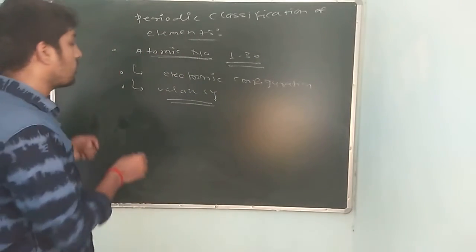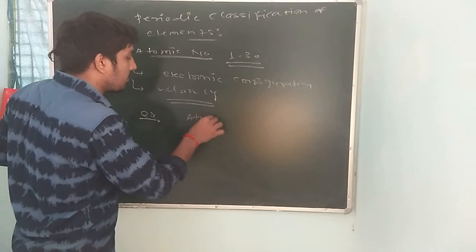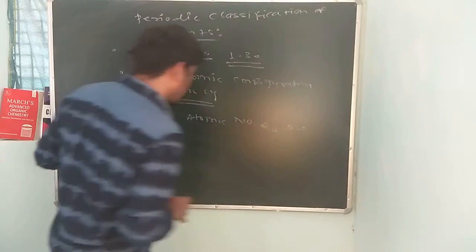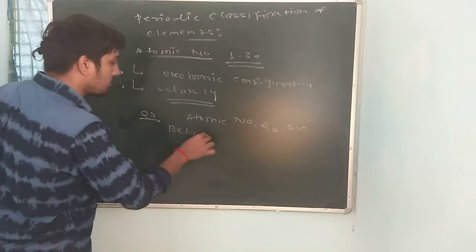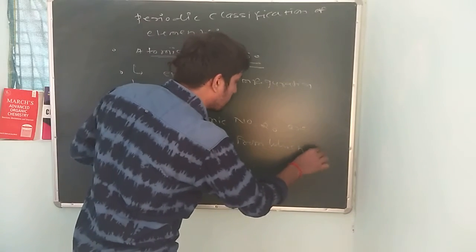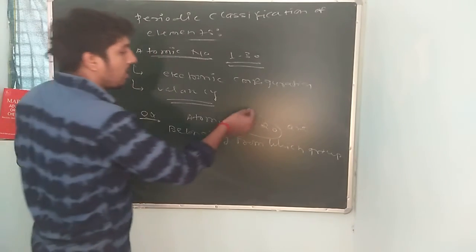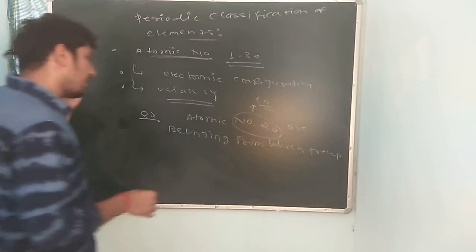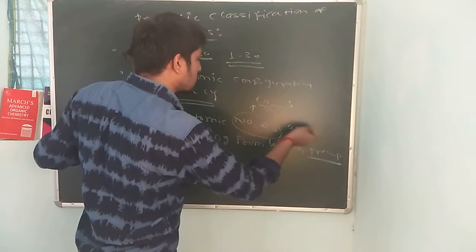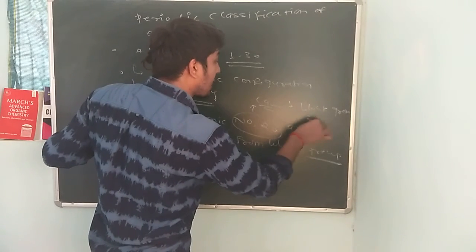I am giving one example question: the atomic number 20 belongs to which group? The atomic number 20 is calcium, and calcium belongs to the S block, group number 2.